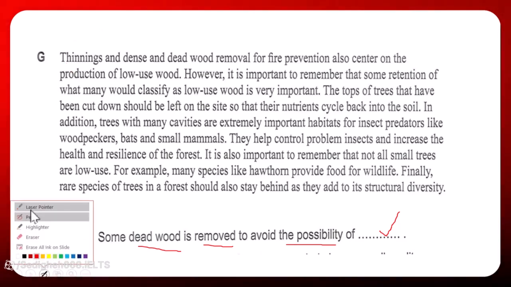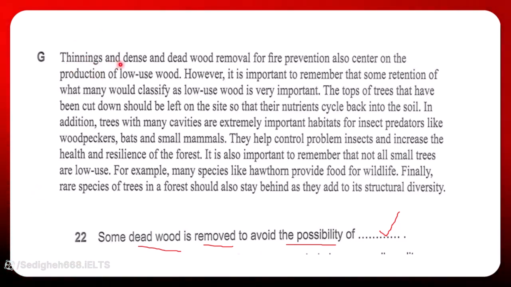It says, thinning and dense and dead wood removal for fire prevention also center on the production of low-use wood. As you can see, we can find the answer to this question very quickly.